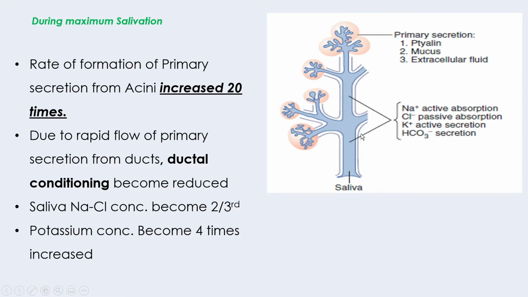Means the conditioning, the movement of sodium, chloride reabsorption, and the secretion of potassium and bicarbonate is reduced. So what will happen? The ductal conditioning is reduced. Hence the saliva sodium chloride concentration is reduced, but only to 2/3, and the potassium concentration is increased but only 4 times.